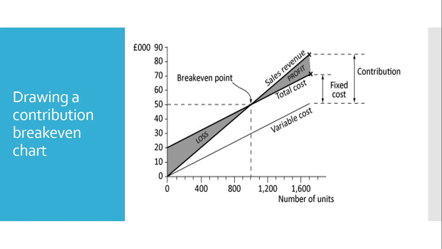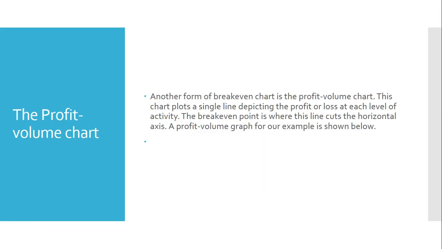We can tell what contribution is, but with that you would have to draw a variable cost line as well to compare with your revenue. After all, that is what contribution is. But what the examiner likes to do is to ask you to draw or to interpret this thing called the profit volume chart. It's just a relationship between profit and volume.